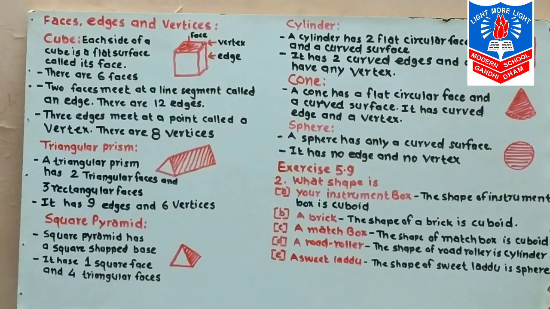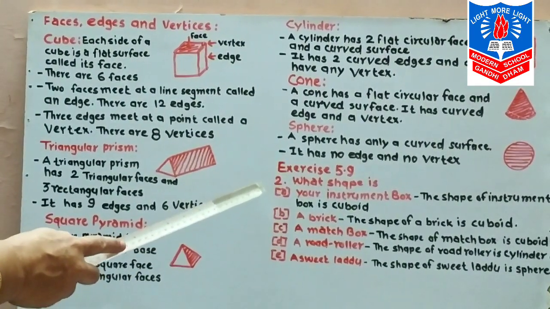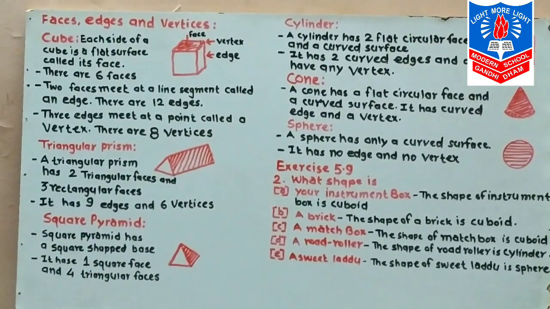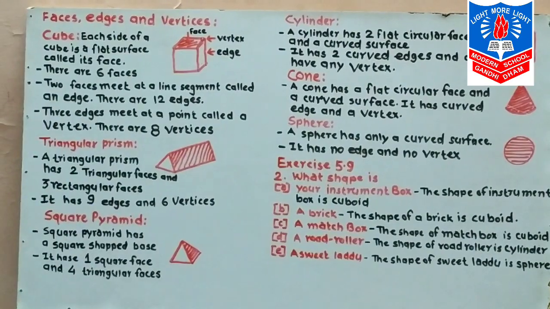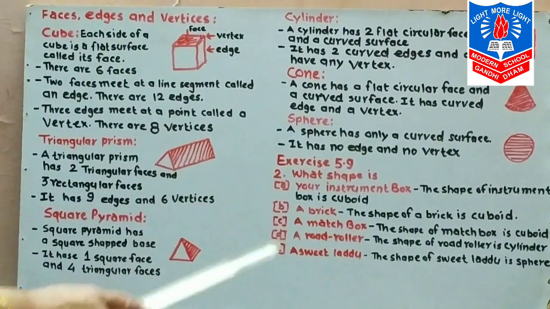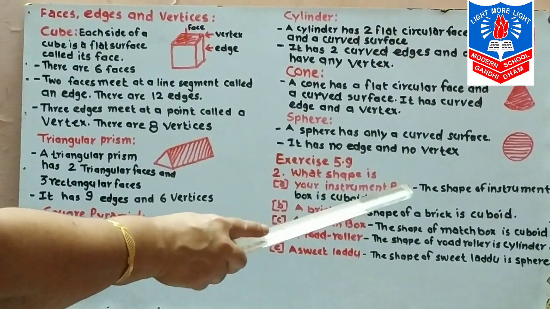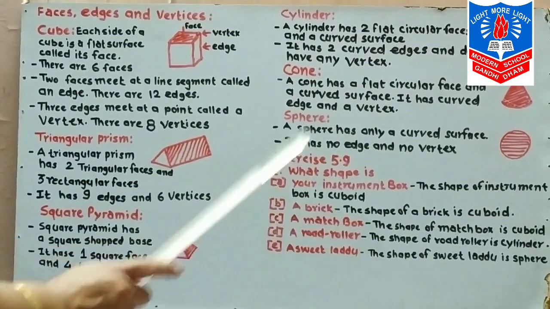Now we start exercise 5.9 with question number 2. First question is match the pairs. It's your homework and it's given in your PDF. So question number 2 is what shape is? First, your instrument box. The shape of an instrument box is cuboid.